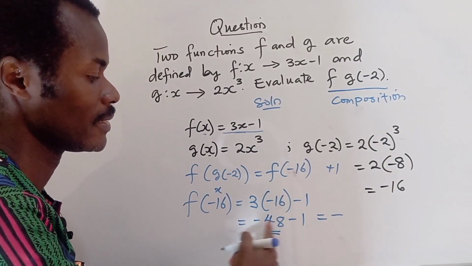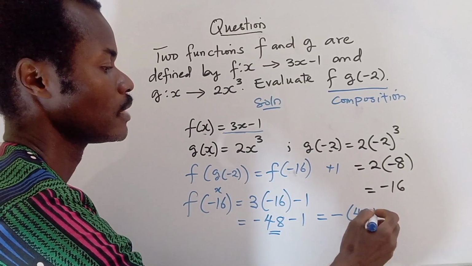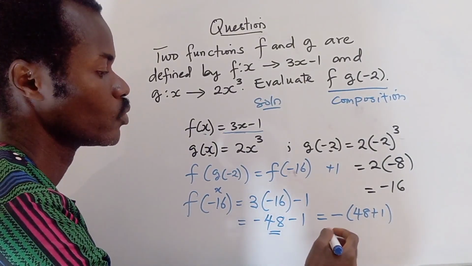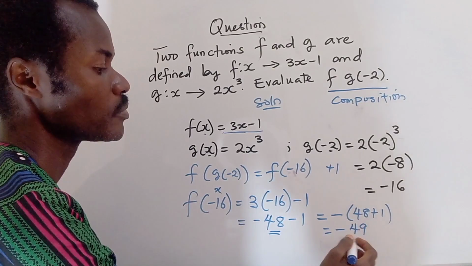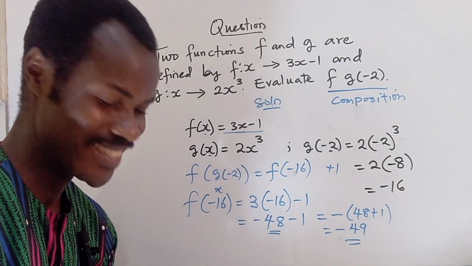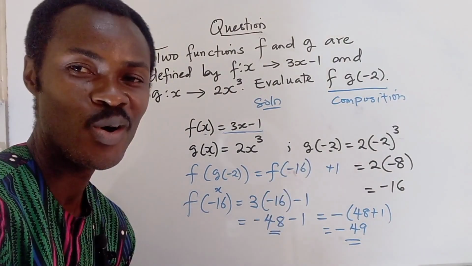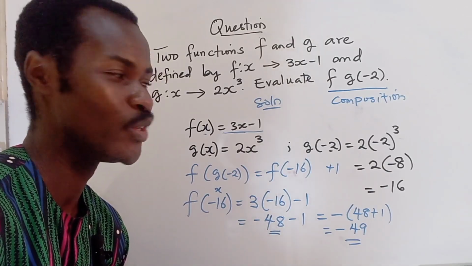Since these signs are the same, we add the numbers: 48 plus 1 is 49. So the answer is minus 49. This gives us the simple solution to this problem on composition of two functions in a polynomial.